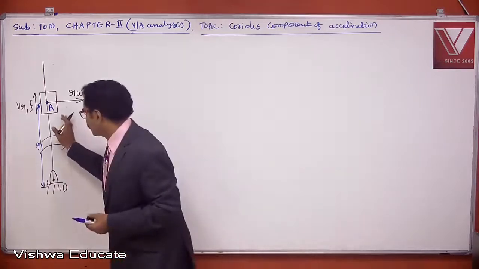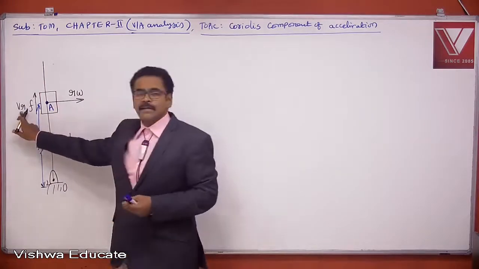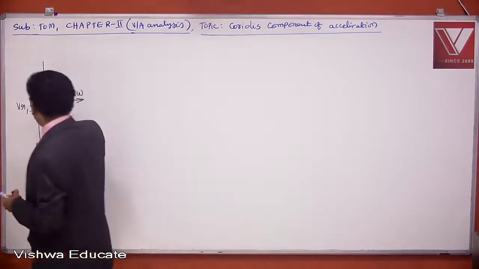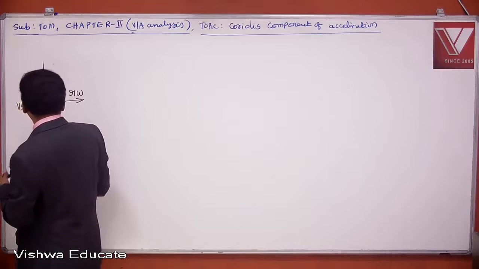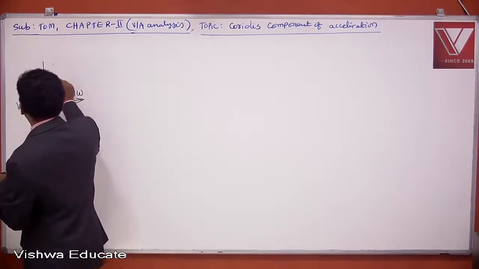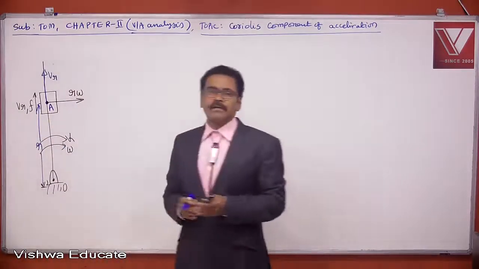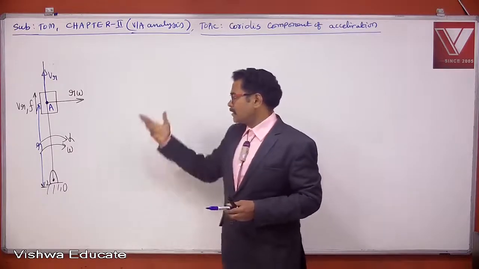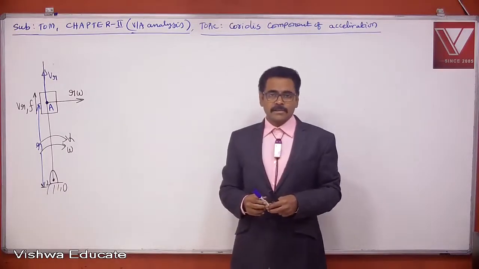At the same time, point A is experiencing a radial velocity Vr. So two velocities are there with point A: the tangential velocity r omega, and the radial velocity Vr.